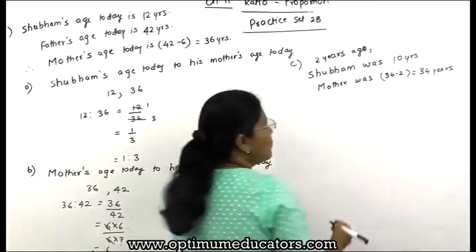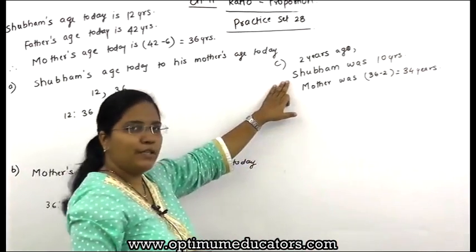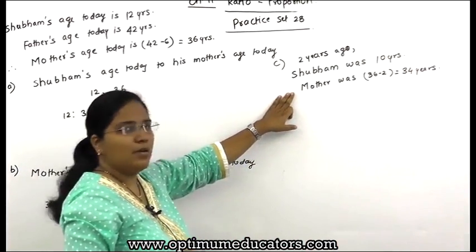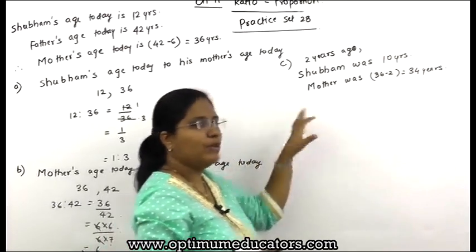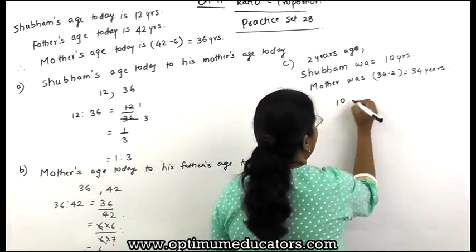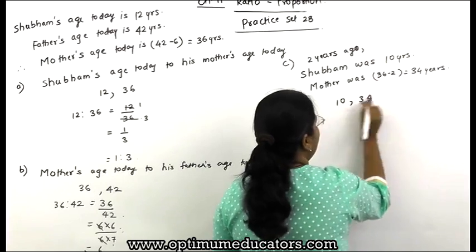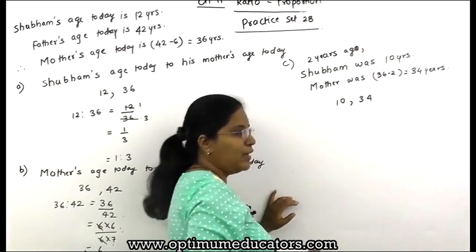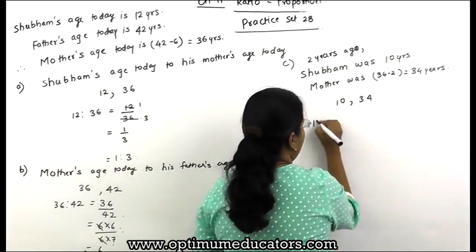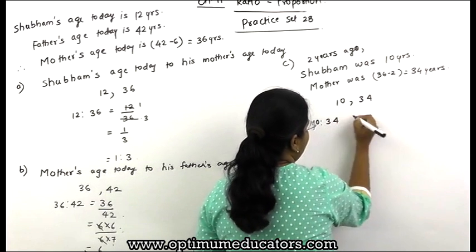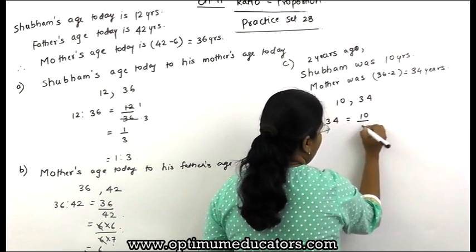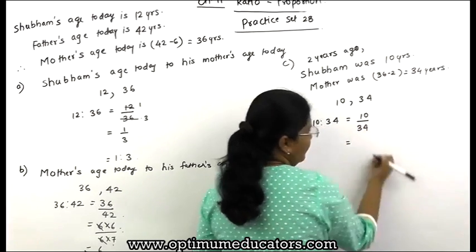Right? Now you are supposed to find out Shubham's age 2 years back to his mother's age 2 years back. That is, you are supposed to find out the ratio of 10 upon 34. 10:34, which is nothing but 10 upon 34.